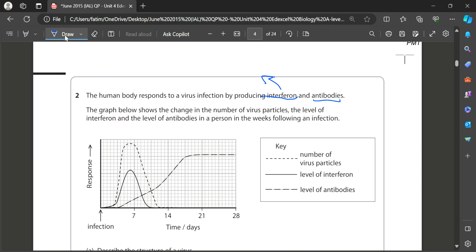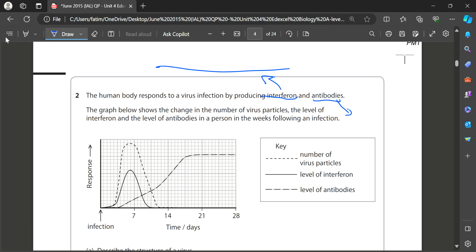They're chemicals which make sure that other cells don't get infected by the virus. And antibodies, we know how they're made. That's the humoral and cell-mediated response, the B effector cells, and how they turn into plasma cells, and then they give antibodies, and how they affect it.